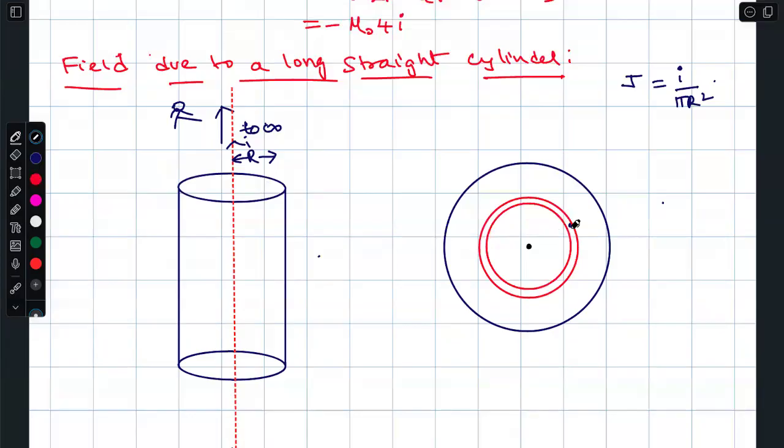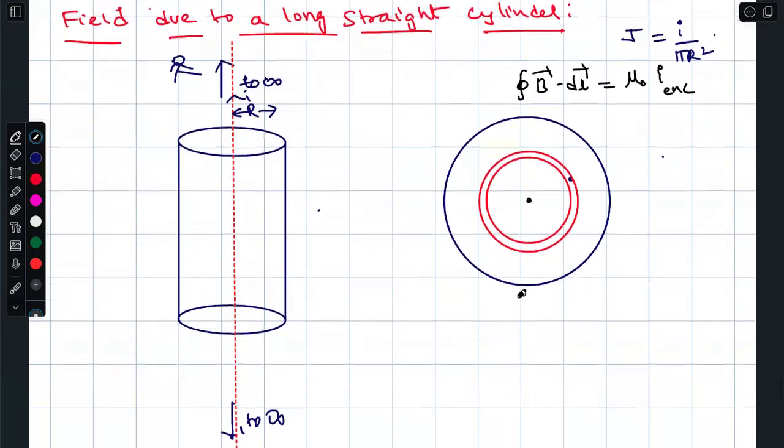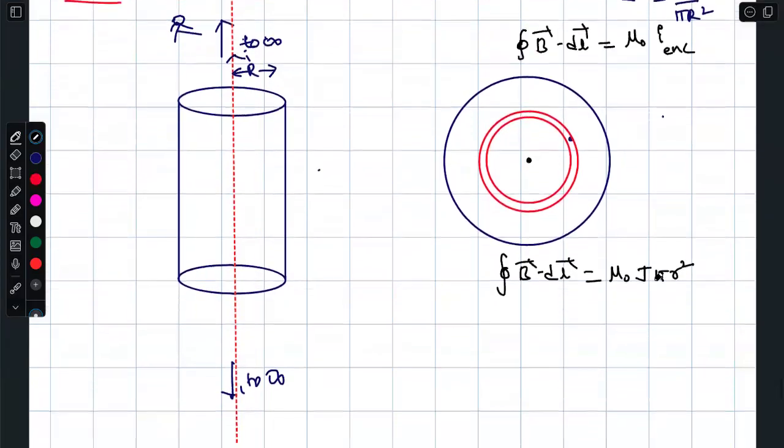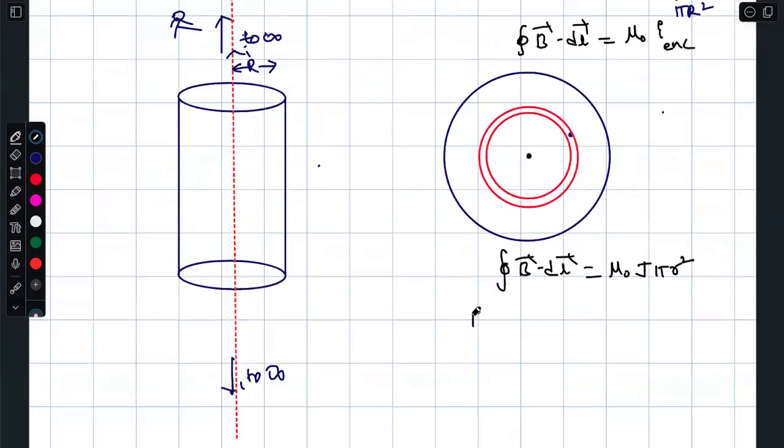I'll apply Ampere circuit law for this path. So integral B bar dot dl bar is mu naught times I enclosed, which is mu naught times current density times pi r square. Here I am assuming J is uniform. So B into 2 pi r equals mu naught J pi r square. So finally B is mu naught J r by 2.